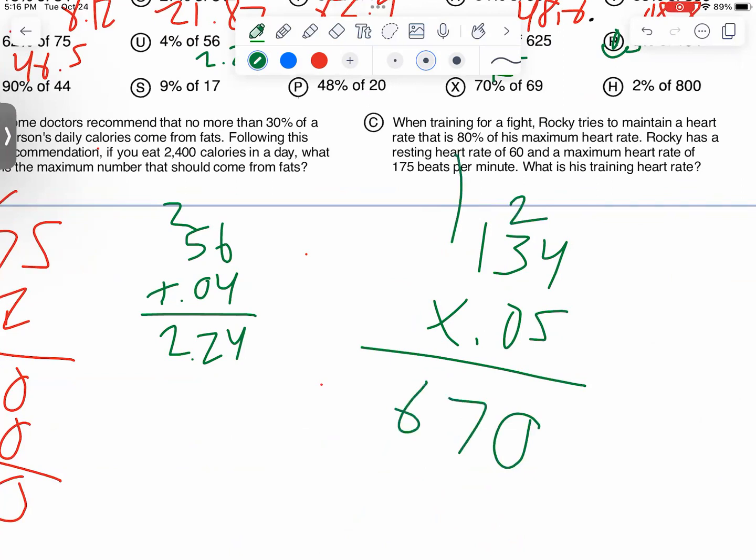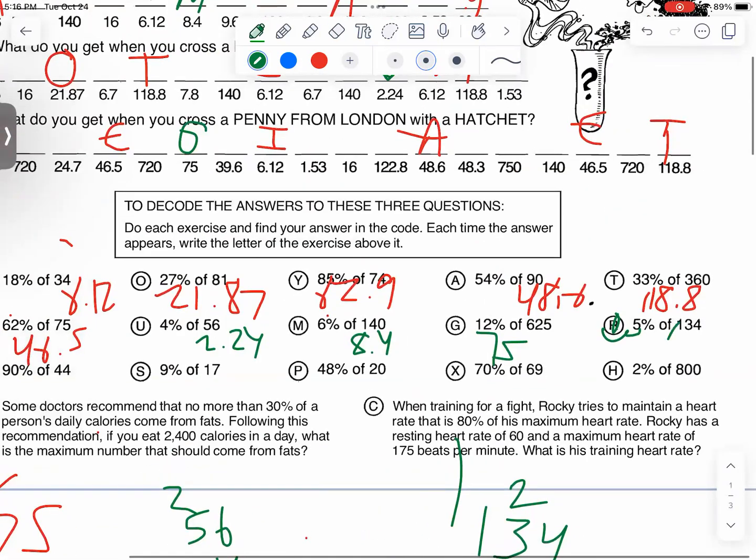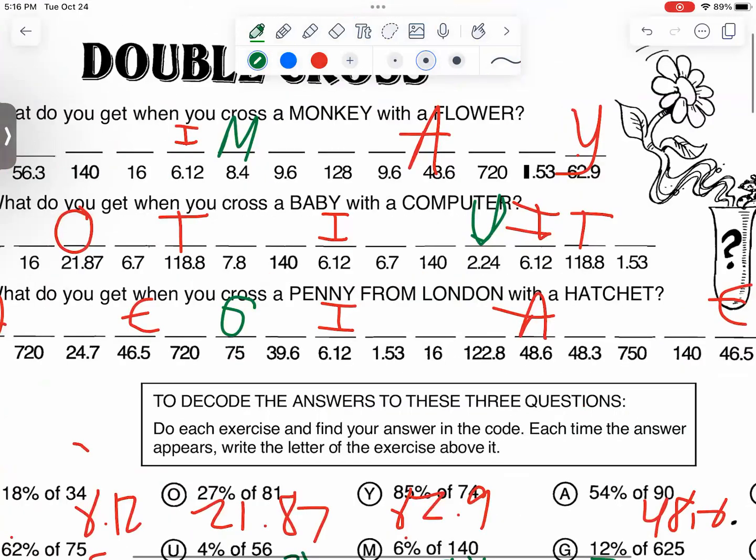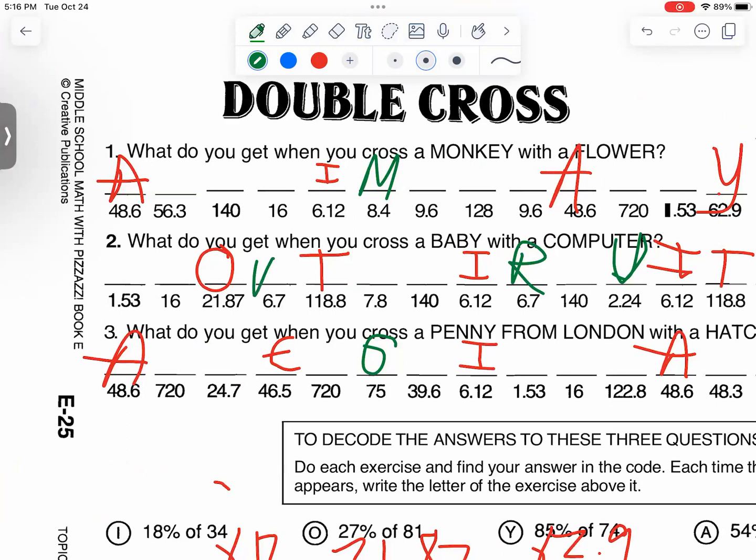And there's your 6. 2 decimal places in the problem, so 2 in the answer. 6.70 or just 6.7 will work there. So that's R. So R for 6.7 and R right there for 6.7.